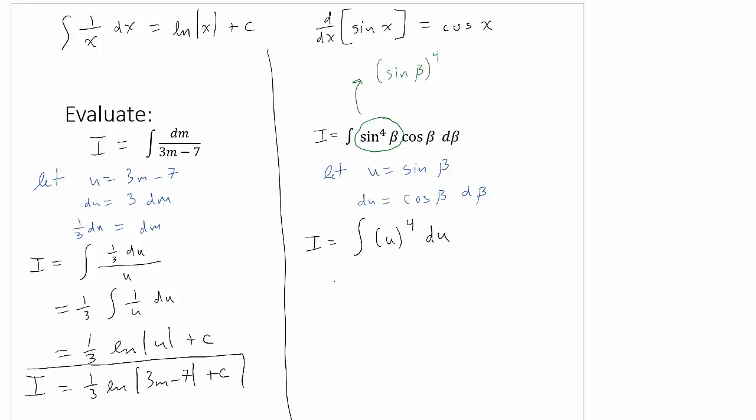This is a simple integral. That would be 1/5 u to the 5th plus the constant of integration, and we'll substitute back. That's 1/5 sine beta to the 5th plus a constant. And we usually use the standard notation for functions like this, 1/5 sine 5th beta plus the constant.